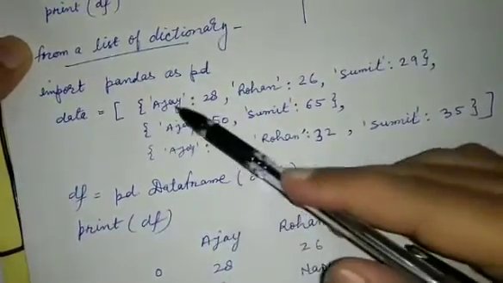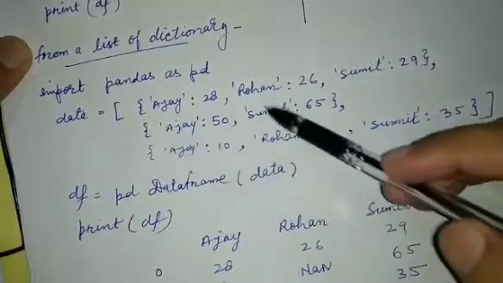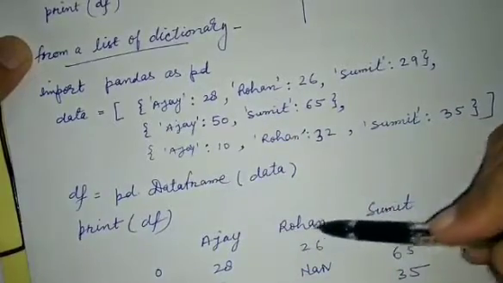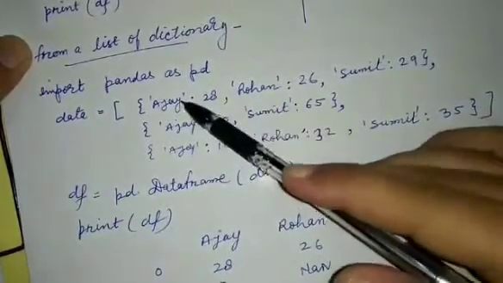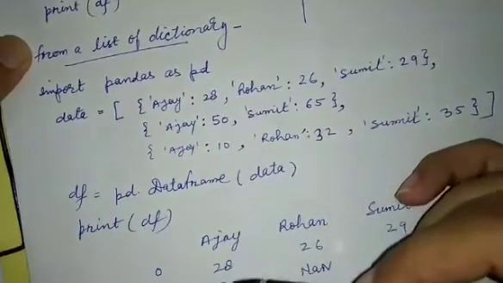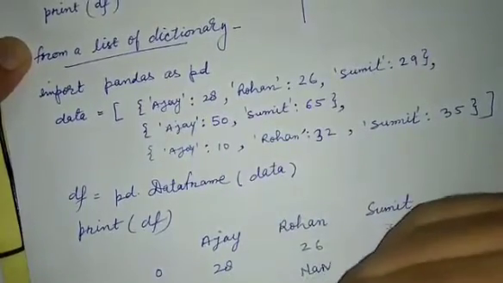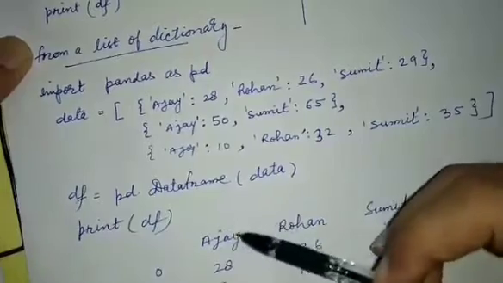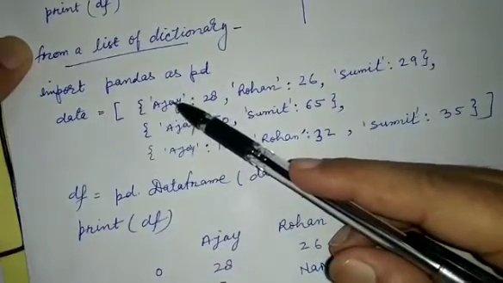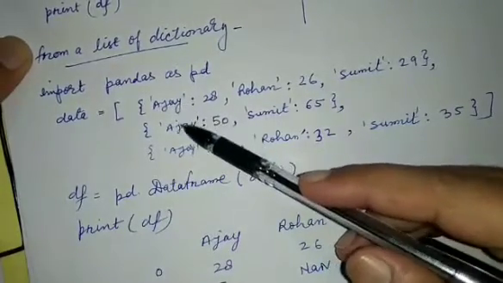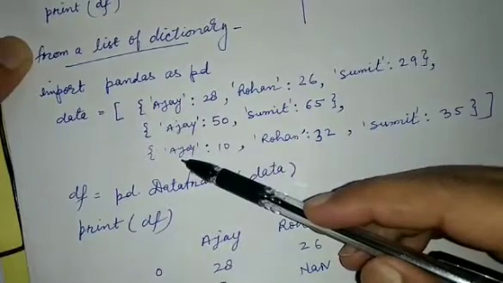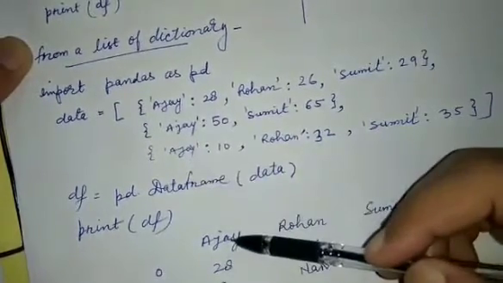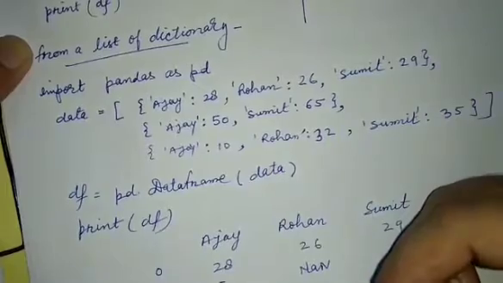We will get this kind of data. Here the keys will be taken as the column names and their respective values will be arranged as the column values. So you have the Ajay key in all the three elements, so you have all the three values arranged.